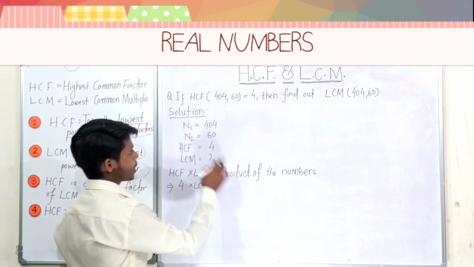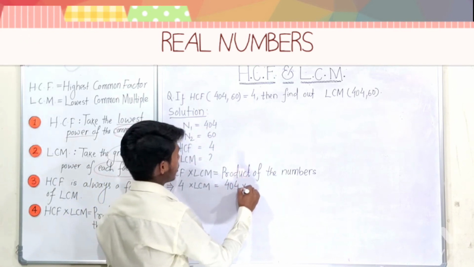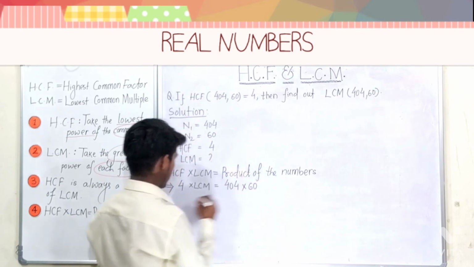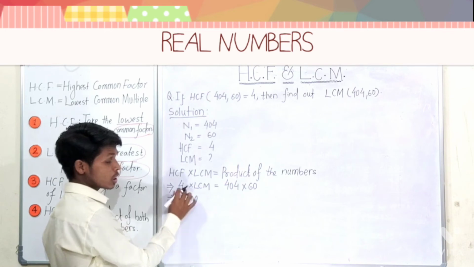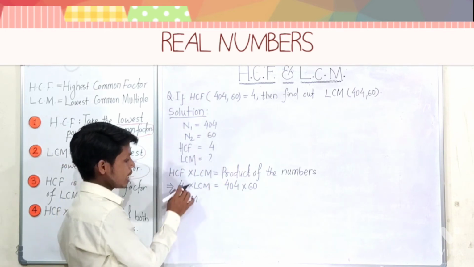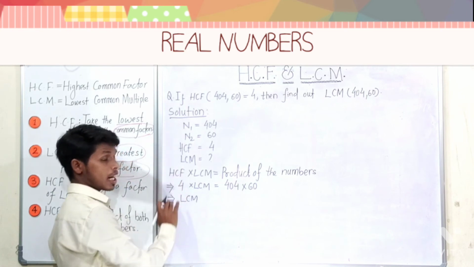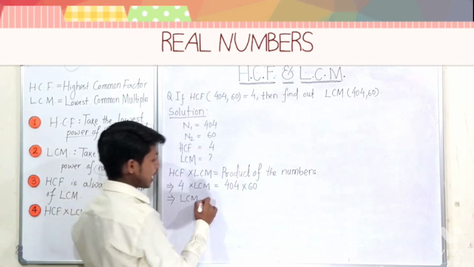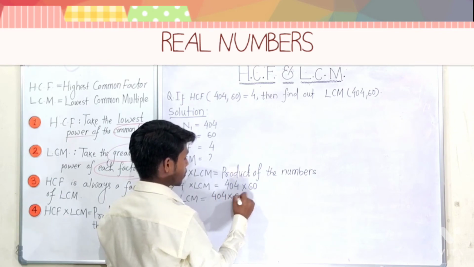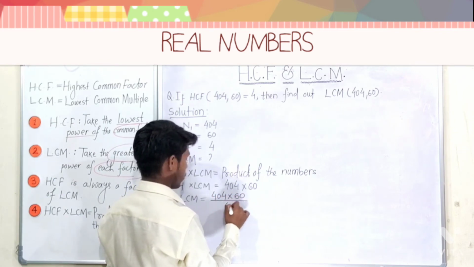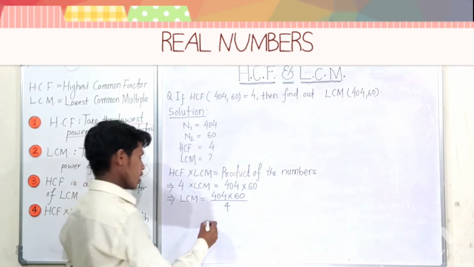Product of the numbers we have to multiply them, that is 404 multiplied by 60. Now you have to find out the LCM, so you have to transpose this 4 to the right side, and here it is multiplied, so when we transpose a number which is multiplied on the left side, it will be divided on the right hand side, so it will become 404 multiplied by 60 divided by 4. Okay, now you have to solve this to find out the LCM. So let's solve it.